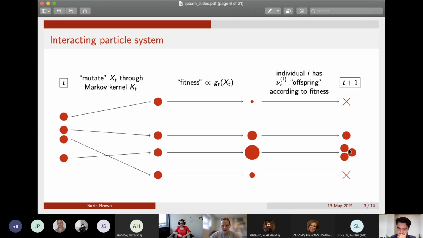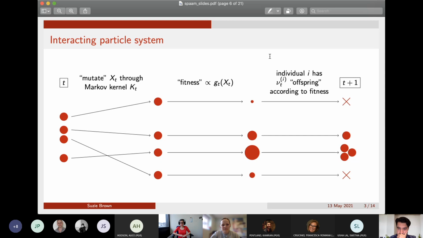And these all inherit exactly the same genotype that the parent had. Because we're keeping a constant population size, we make sure we still have 4 individuals after the selection step. And these then make up generation t plus 1.